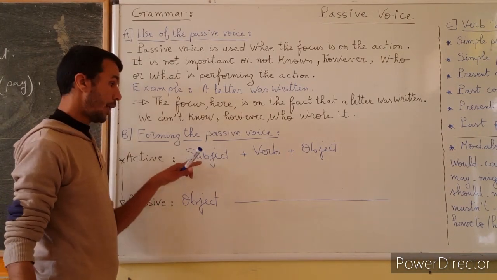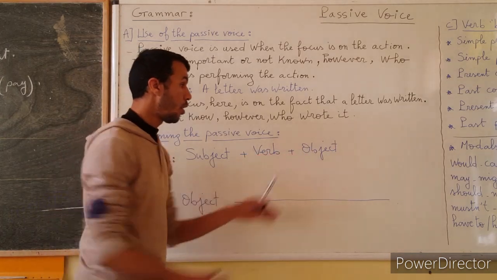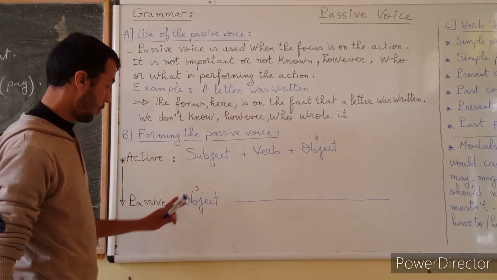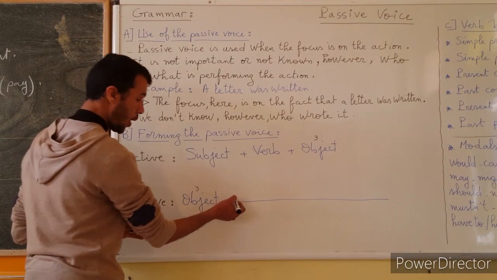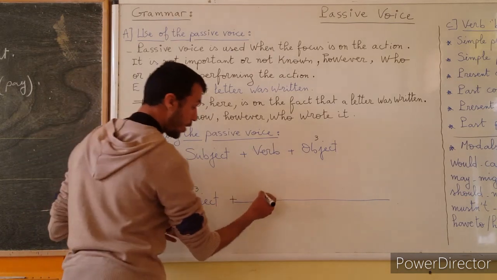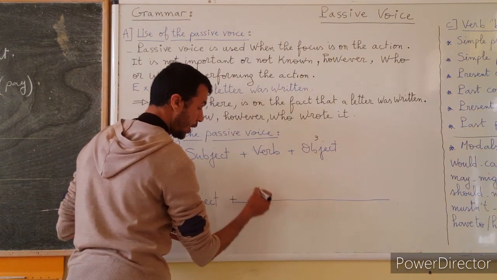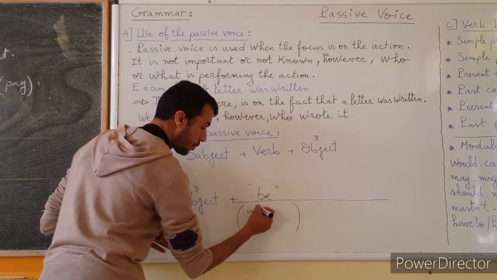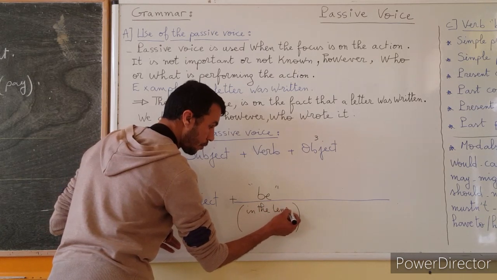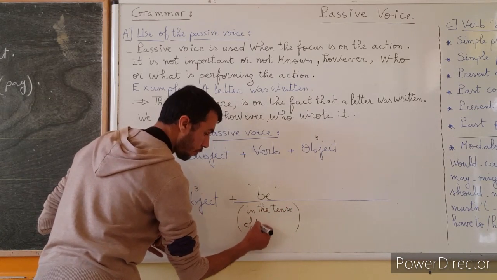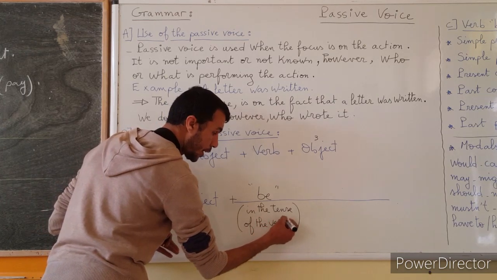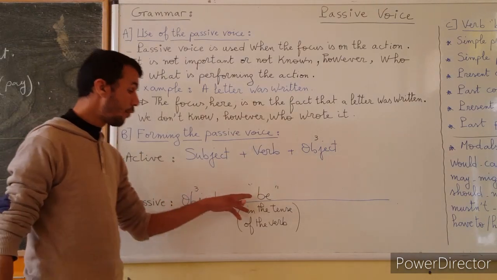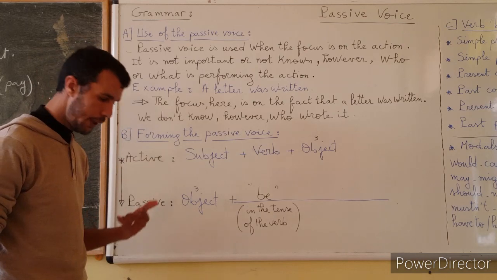As you can see here, again, the subject, the verb, object. Object is number 3, so we always start by the object to form the passive, followed by what? Followed by the verb be in the tense of the verb. Let me explain this. If we have the verb in simple present, we write the verb be in simple present, which is am or is or are.